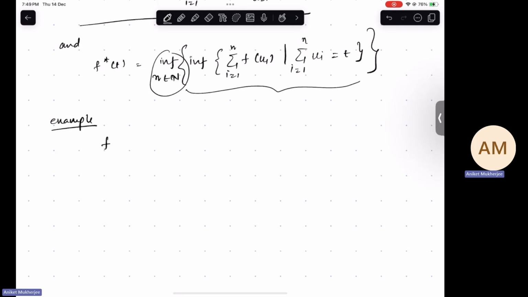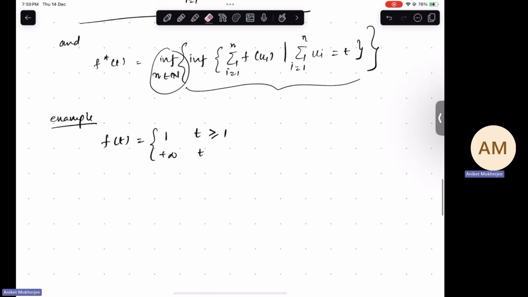So let's take a function f of t such that it is 1 if t is greater than or equal to 1 and plus infinity if t is less than or equal to 1, and t is greater than 1, and ends plus infinity.